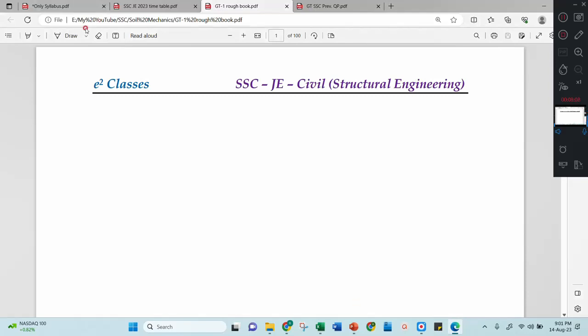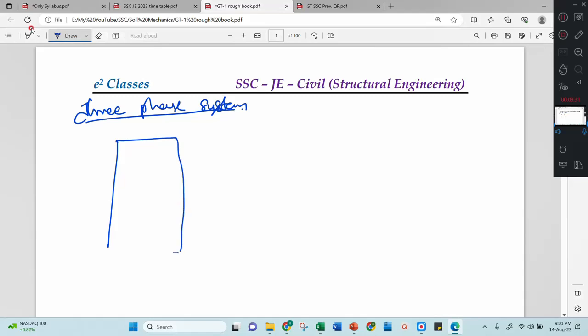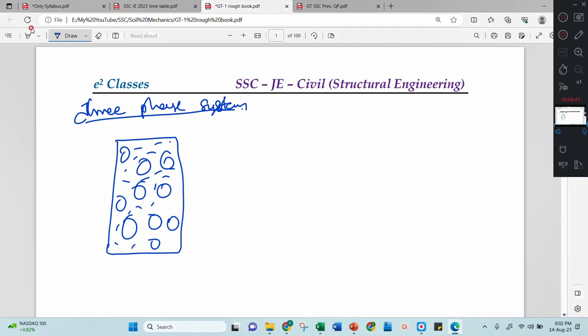Now, three-phase system of a soil. Three-phase system. Whenever you hold a soil in your hand, there will be three phases in the soil. It may appear randomly like solid particles, and there might be water inside the soil, or there might be some air particles also.